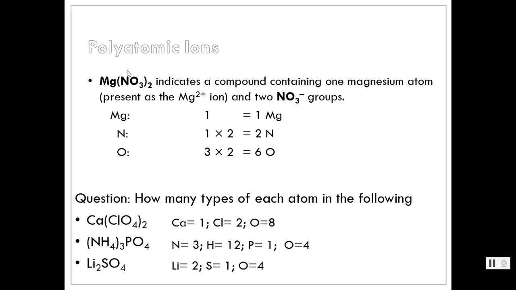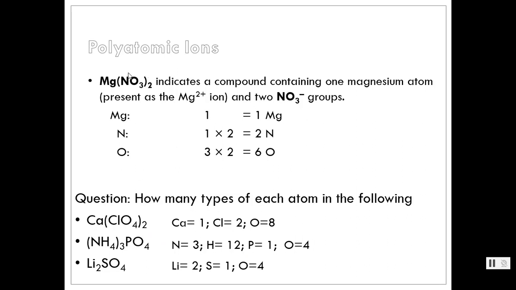If you have more than one of them in a chemical formula, you need to use parentheses around that polyatomic ion, and you just need to take care when determining the number of atoms in that molecule to make sure that you use the subscript appropriately. So for example, with Ca(ClO4)2, this molecule has 4 times 2 or 8 oxygens in it.